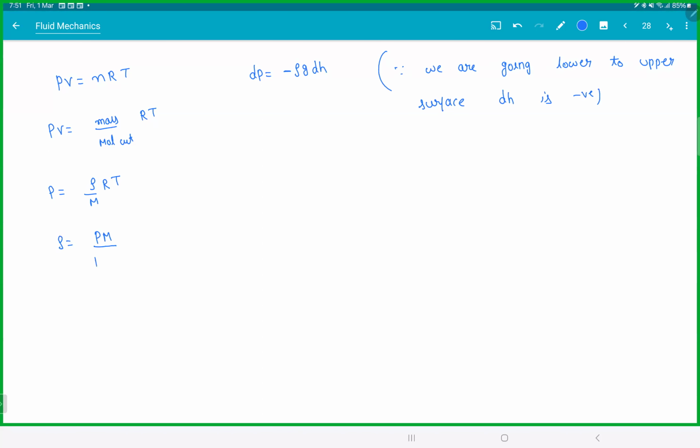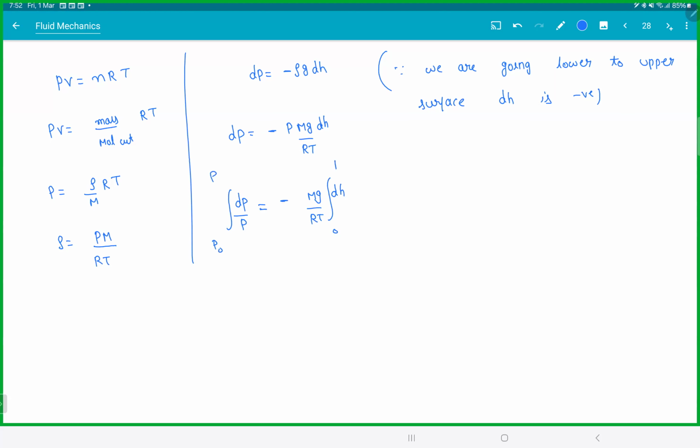So rho is PM by RT. Substitute here. dP is minus PMg dH by RT, so dP by P is equal to minus Mg dH by RT. Integrate. When the height is 0, pressure is P naught.